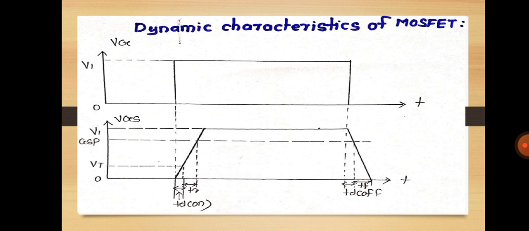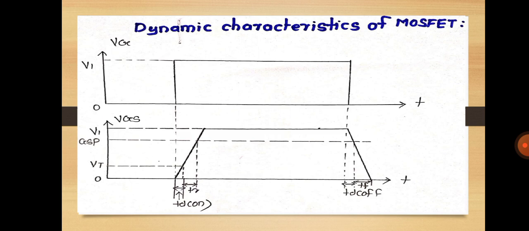So let's see the dynamic characteristics of the MOSFET. These are the two diagrams related to the dynamic characteristics of the MOSFET. The first diagram indicates the MOSFET before applying voltage and the second diagram indicates the MOSFET after applying the voltage. In the second diagram, as we see, input voltage is applied to the gate terminal.